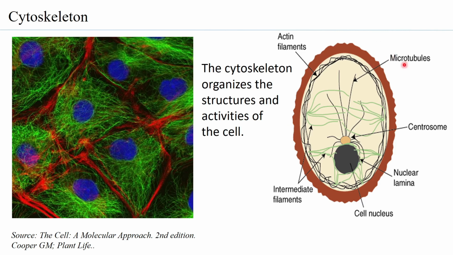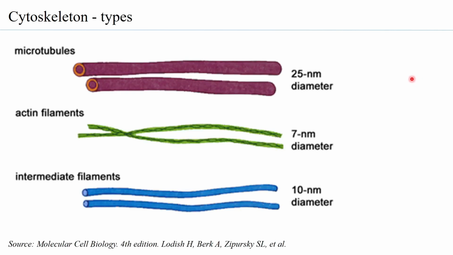Before that, let us have a glimpse, not in detail but in brief, of the principal components of the cytoskeleton. So like mentioned, there are three components: microtubules, actin filaments, which are also called microfilaments, and intermediate filaments. What is important to note is that microtubules are the largest cytoskeleton component at 25 nanometers of diameter, and the structure of the microtubule is such that it is a hollow cylinder.